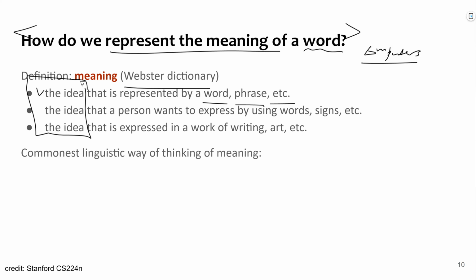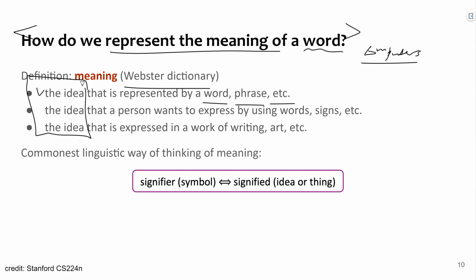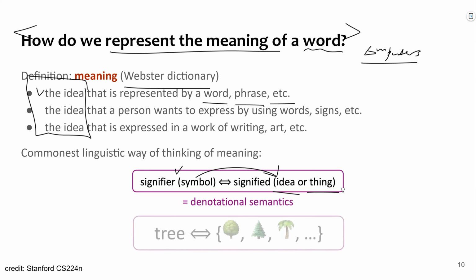And the commonest linguistic way of thinking of meaning is like this: signifier and signified. In other words, the symbol and the thing the symbol is signifying, an idea or thing. This is sometimes called denotational semantics. This is an example.